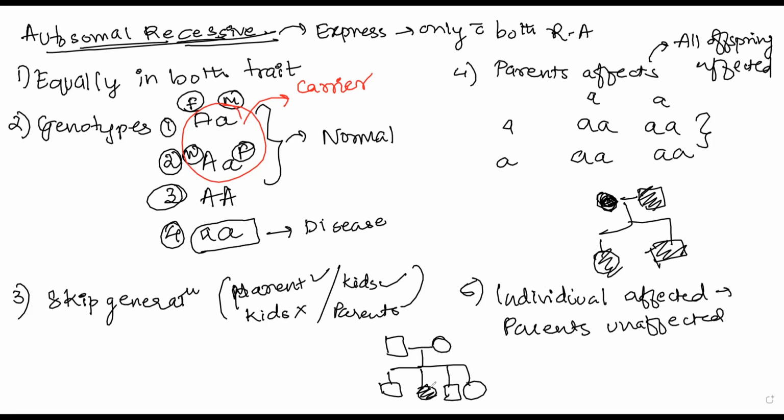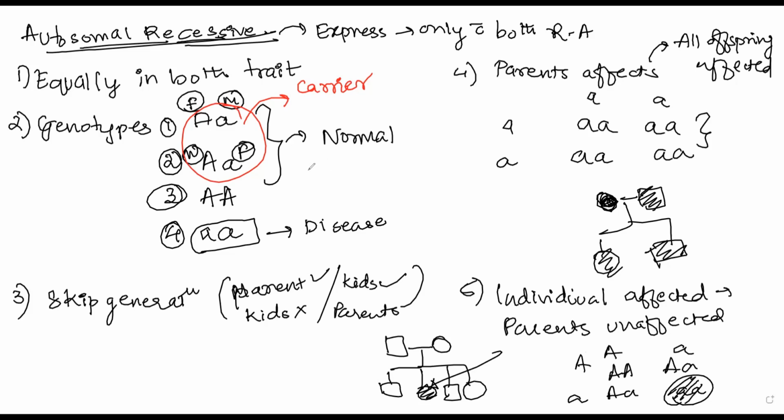So what kind of condition may this be? Yes, heterozygous parents. So if the parents are heterozygous, what is going to happen? You will have capital A capital A, capital A small a, small a capital A, small a small a. So one would be diseased and this is this person. Okay, so this is another way in which you can determine whether the trait is an autosomal recessive one or not.